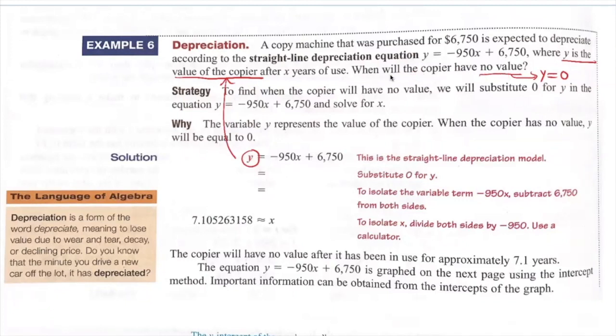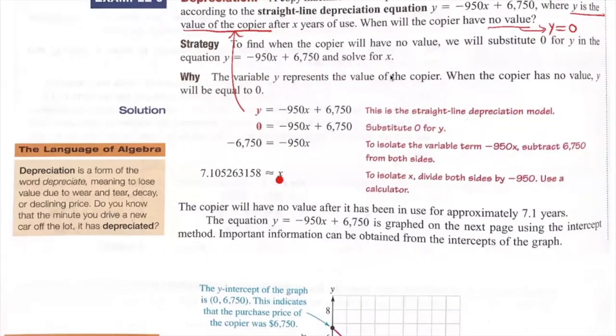Okay. So having no value means y equals 0. We substitute y to be 0, and then we're trying to solve for x. We want to find out the corresponding year. So solve this equation. We subtract 6,750 on both sides. Now in this step, we undo this multiplication: we divide by negative 950 on both sides.